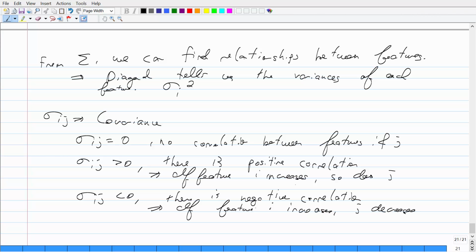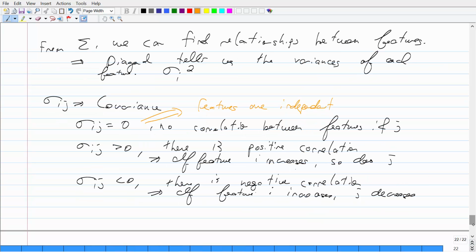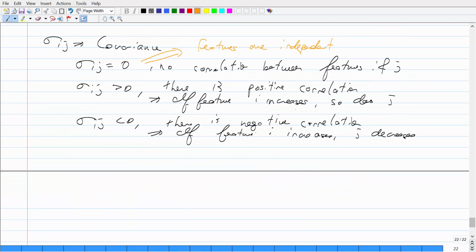All right? So another thing that I'd like to talk about here is when you have no covariance and the covariance is 0, these are what are known as the features are independent. So however feature i was generated had no bearing or no effect on how j was generated.